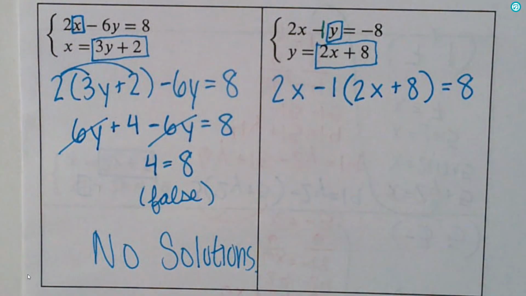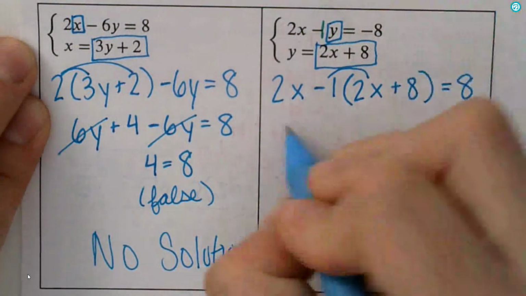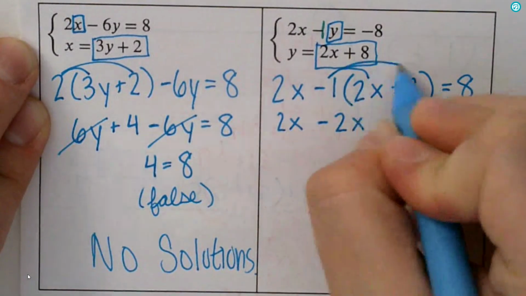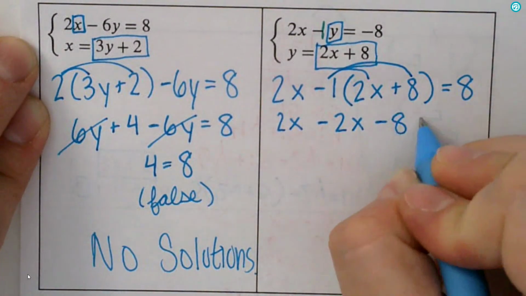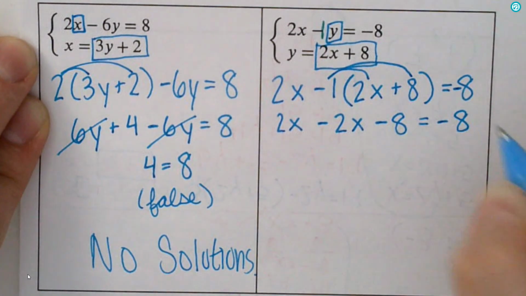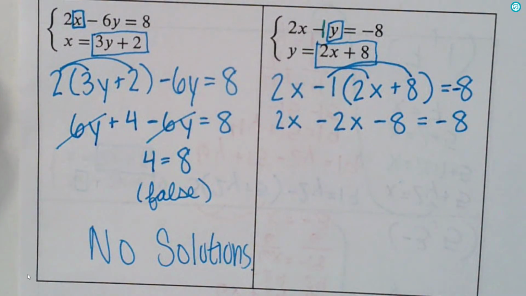Okay, we're going to distribute this negative 1 to the 2x. So still have 2x. Negative 1 times 2x is minus 2x. Negative 1 times 8 is negative 8. Ooh, and I missed a negative here. This was equal to negative 8. Okay? When we combine terms, my x's are going to cancel.